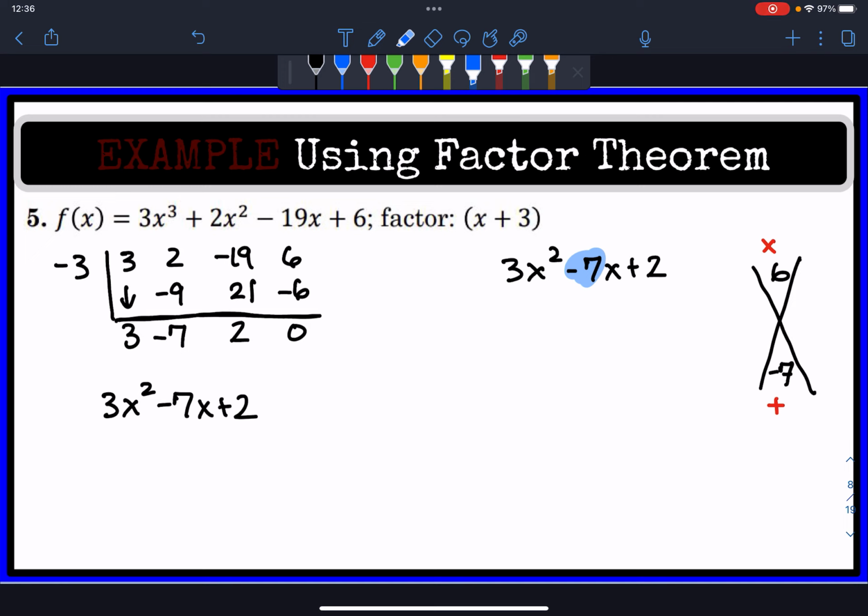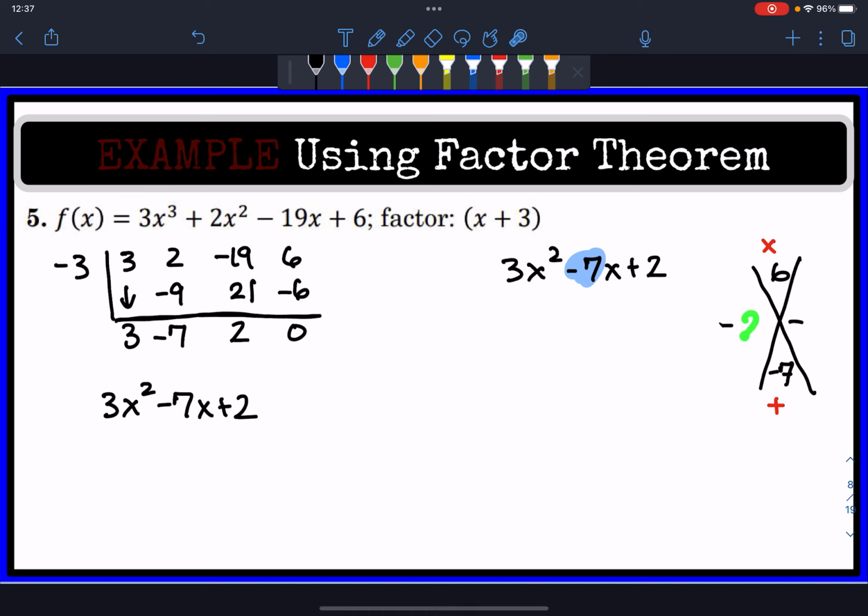So let's see here. Since we want a +6, we want the signs to be the same. Two positives give us 6, but two positives do not add up to a negative. So we need both of these to be negative, actually. A negative times a negative is positive, and a negative plus a negative is going to be negative.